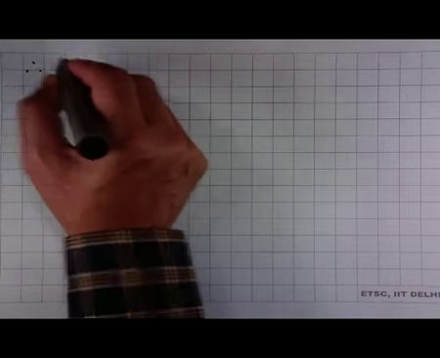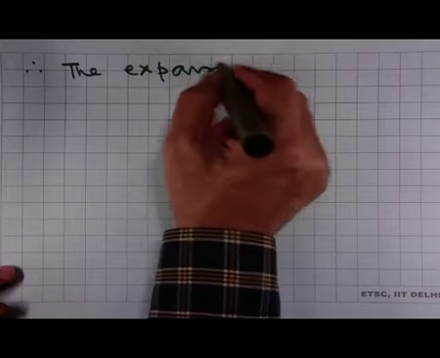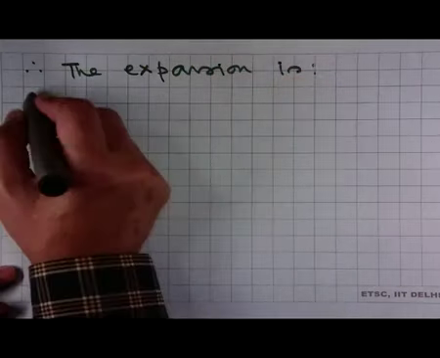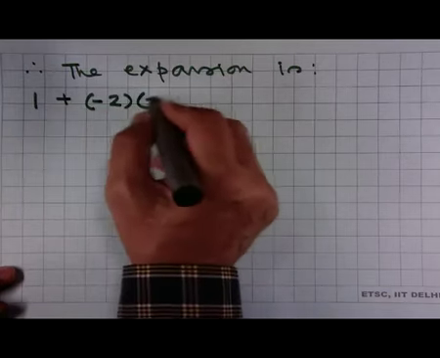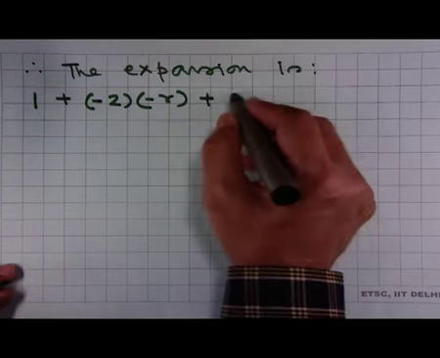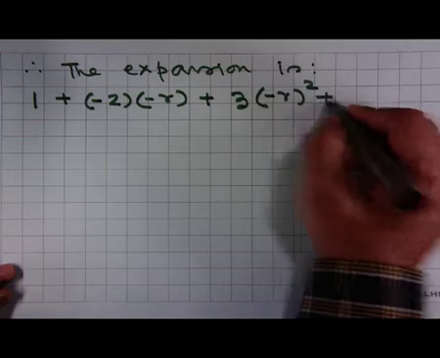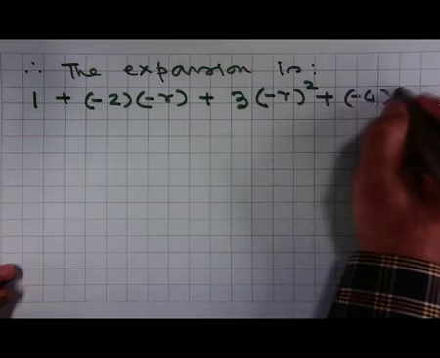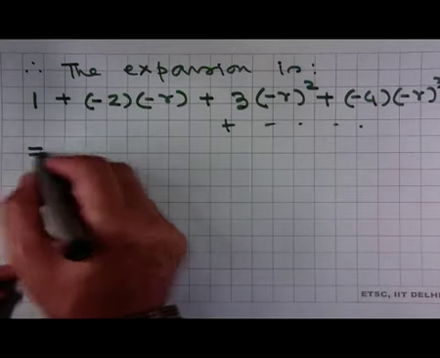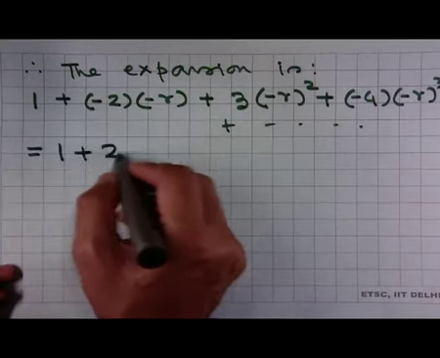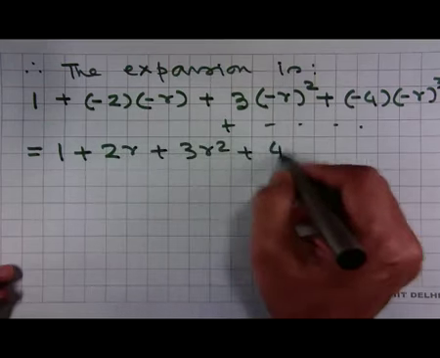Therefore, the expansion is 1 plus minus 2 into minus r plus 3 into (minus r) whole square plus minus 4 into (minus r) whole cube, which is equal to 1 plus 2r plus 3r square plus 4r cube.